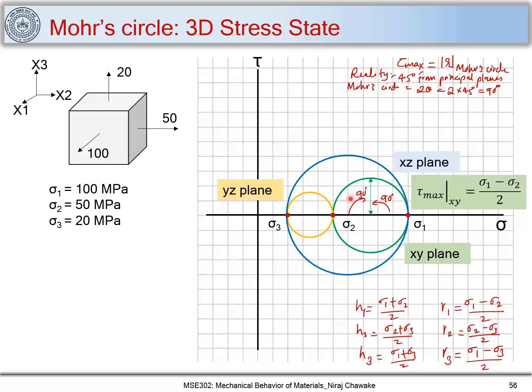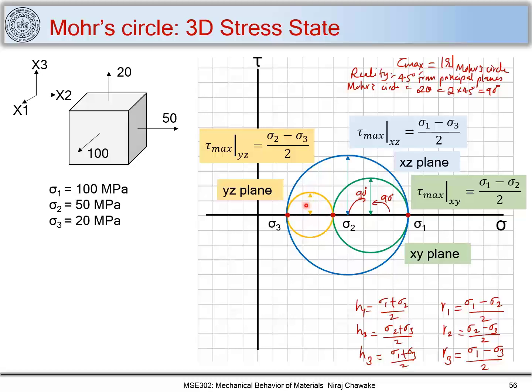Similarly, let me draw tau max between sigma 2 and sigma 3, which is given by this magnitude, and its location is at this plane, which is 45 degrees from sigma 2 and sigma 3. Similarly, I can have tau max between sigma 1 and sigma 3, which is given by the radius of this blue circle, and its location will be 90 degrees from sigma 1 and sigma 3.